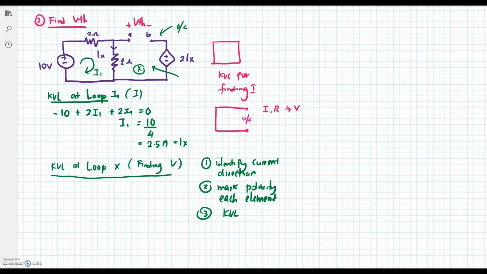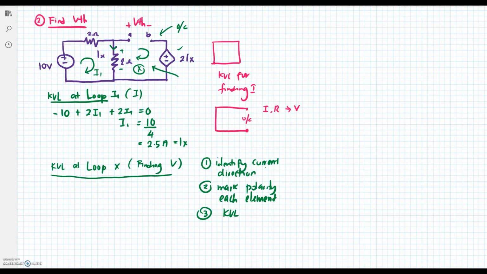Make sure that you already know the values of the currents. So now, here is the direction of current for the 2 ohm. So we need to do the KVL here. X plus minus, it will already have the plus minus here.